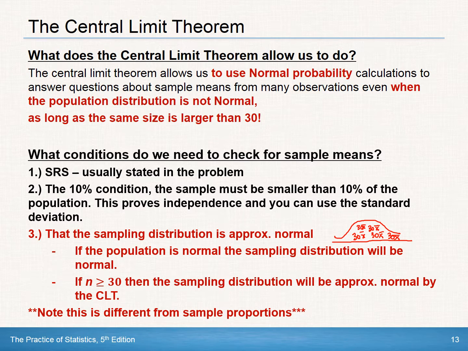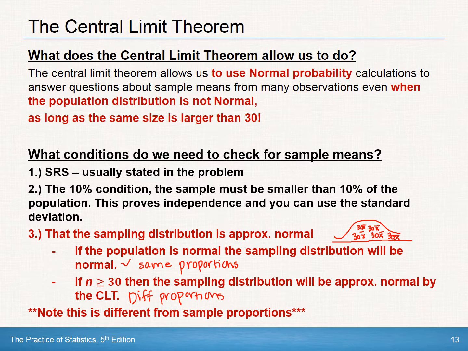Okay, now note this is different from sample proportions. This is the same for sample proportions. That applies basically to anything. If the population is approximately normal, then your sampling distribution will be. However, this is different. With proportions, what did we have to do?